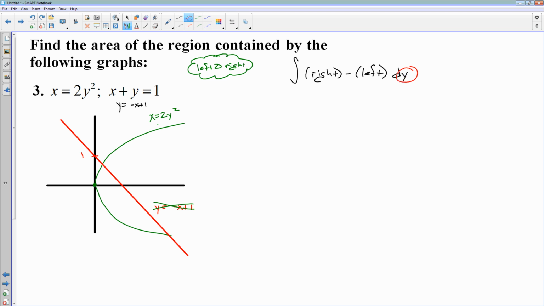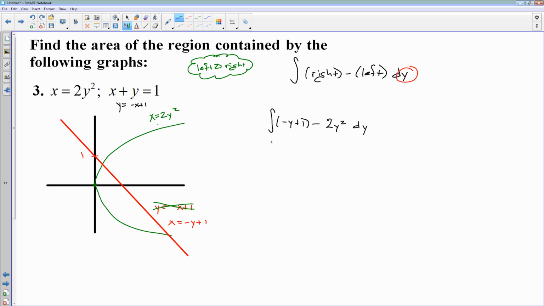I'm going to move the y over and call this line x equals negative y plus 1. Because if I do that, that gives my function in terms of y. Now I can set up my integral. It's the antiderivative of the right curve, negative y plus 1, minus the left curve, which is 2y squared. This is a dy integral.